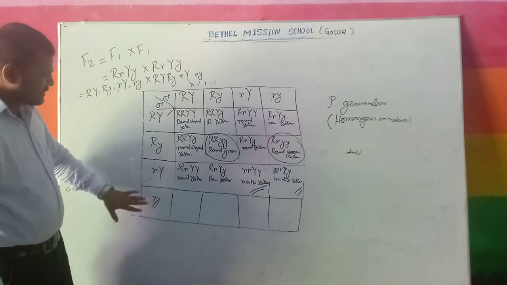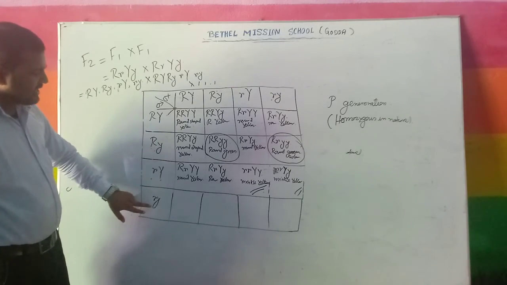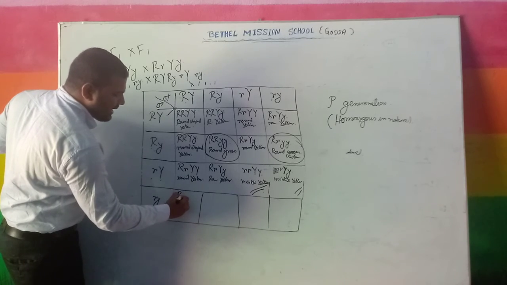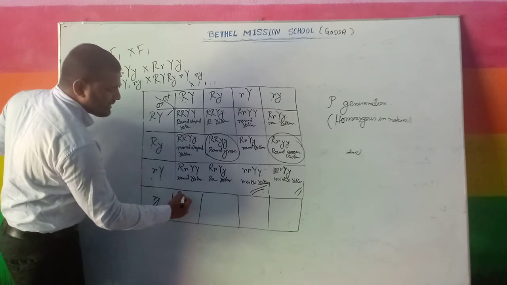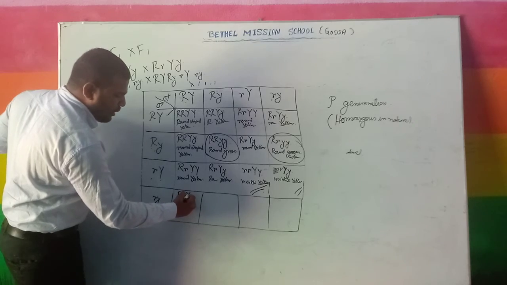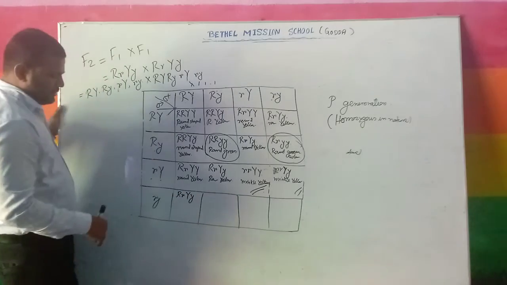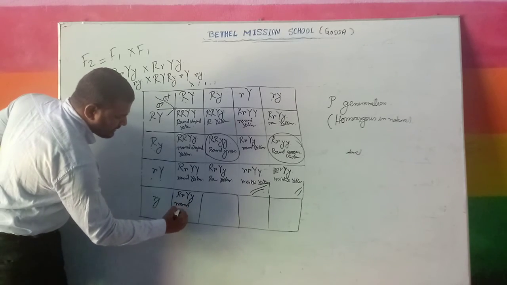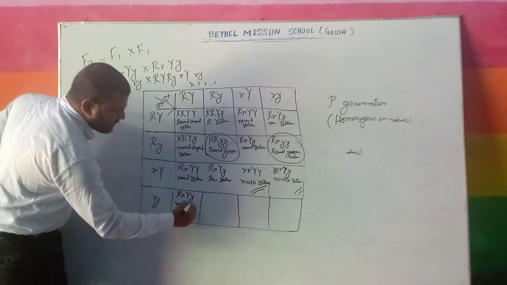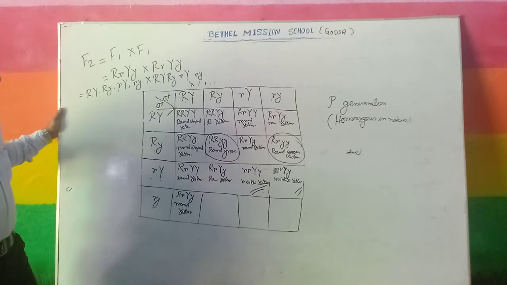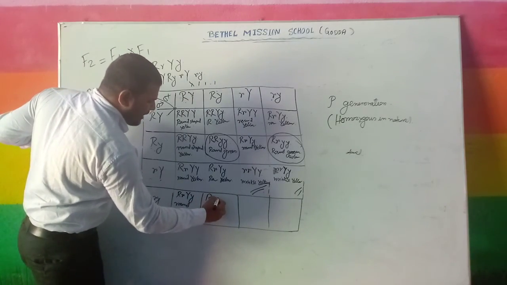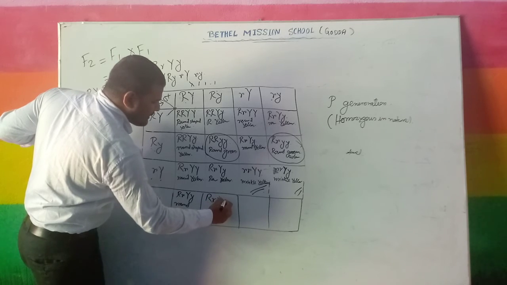And the last row, the small y are going to fertilize capital R and capital Y, producing capital R, small r, capital Y and small y. So it's the round shaped yellow color because capital Y is dominant over small y. And these are going to fertilize capital R, small y, small y.